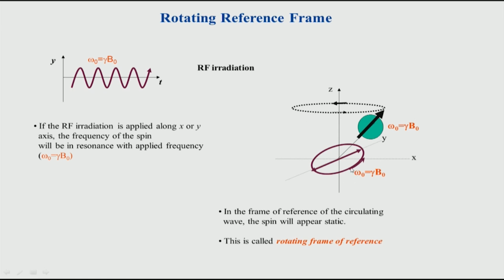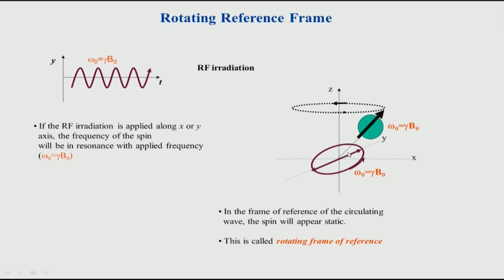Both of them are going around in this direction at the same speed. This is called being on resonance. So, if you go to the frame of reference of this particular rotating magnetic field, then this spin appears static, because we looked at an example that if two trains are moving at 100 kilometers per hour, and you are sitting on one train, for you the other train will look static, it is not moving at all.